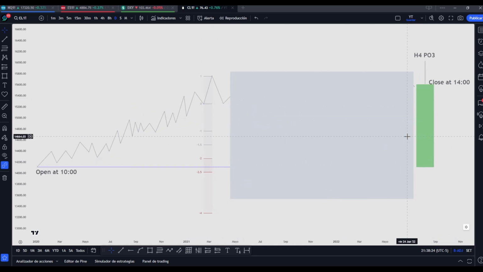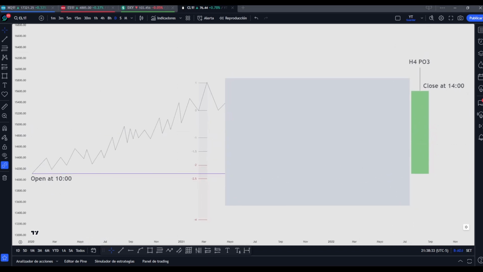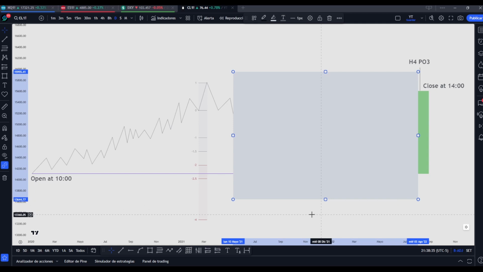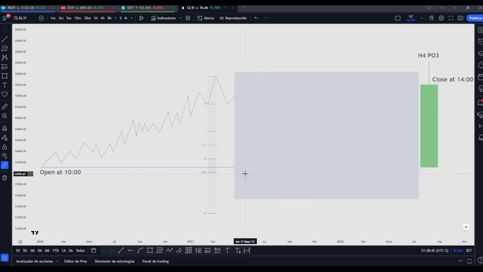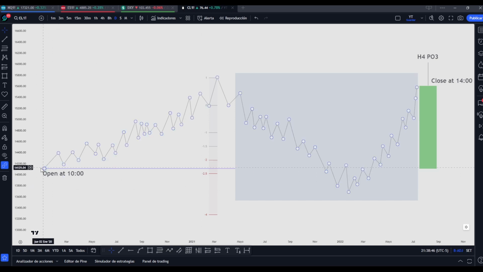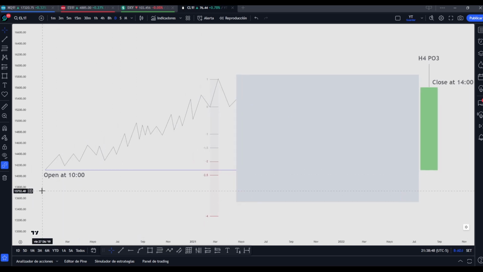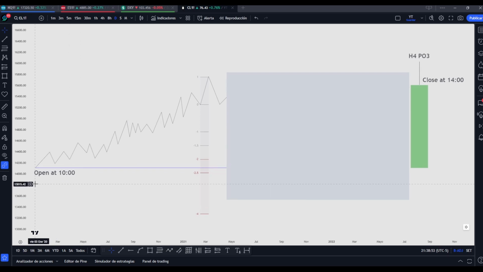Our power of 3 candle will be looking just like this, with no wick. So with no wick, we can be expecting some potential drop, some bearish move in this case, or print the low below the opening price, which is on our 4-hour power of 3, which opens at 10 a.m.